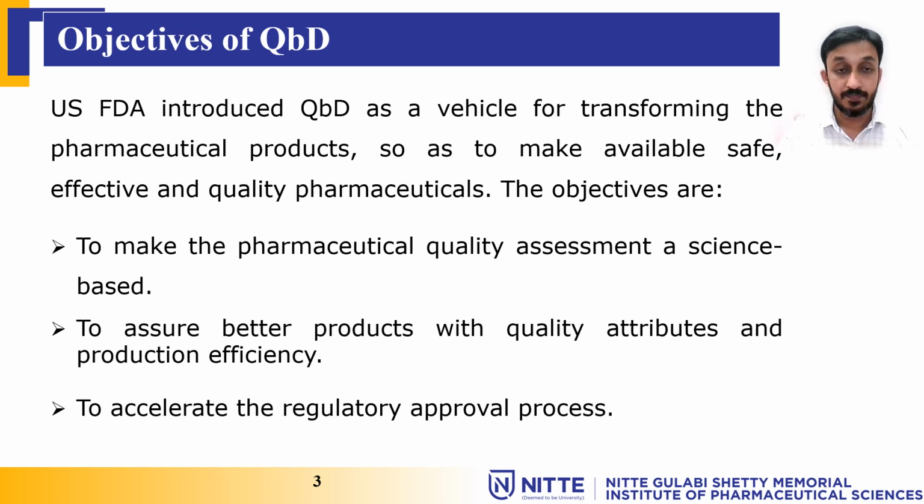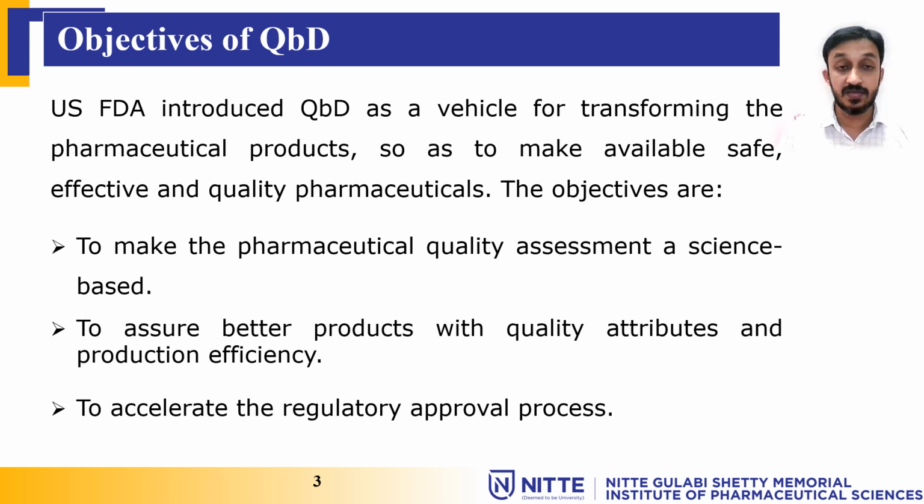Objectives of QbD. US FDA introduced QbD as a vehicle for transforming the pharmaceutical products so as to make available safe, effective, and quality pharmaceuticals. The objectives are to make pharmaceutical quality assessment a science-based one, to assure better product with quality attributes and production efficiency, and to accelerate the regulatory approval process.